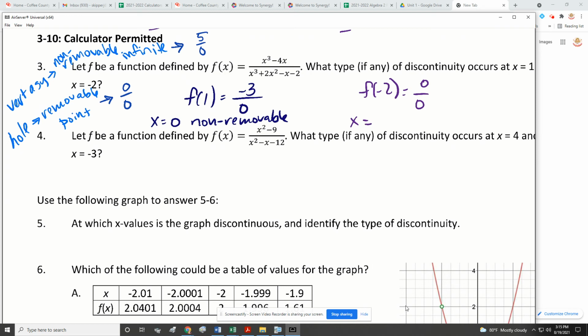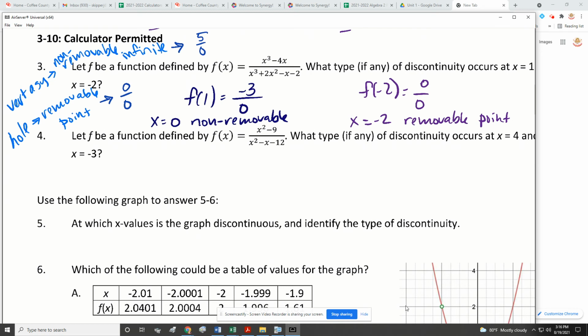So that means that x equals -2 has a hole, and that means it has removable point discontinuity. Now you can also go to the graph to verify that if you want to, but a hole will not show up on the graph, but it will be an error on the table of values.